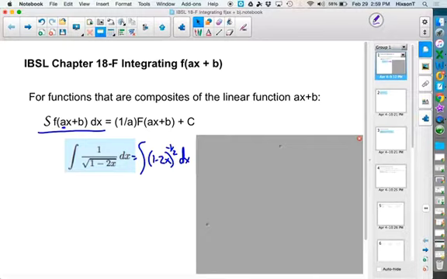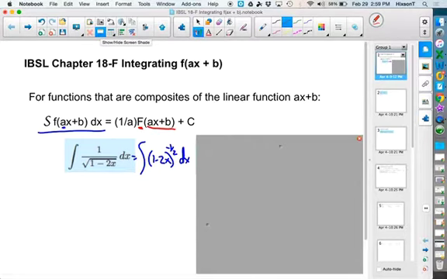Now, here it says to take the antiderivative in terms of that original inner function. In other words, act as though it's not even there really, and just take the integral of this something to the negative 1/2 power.